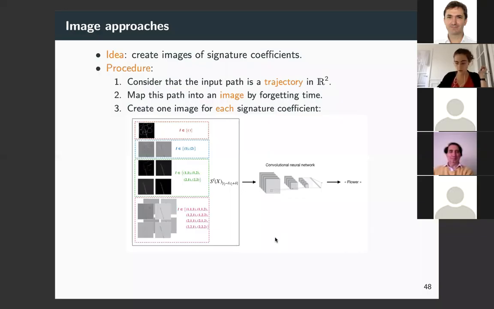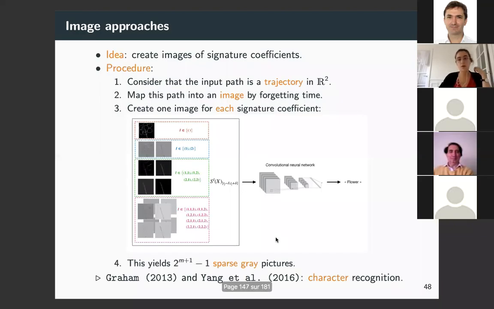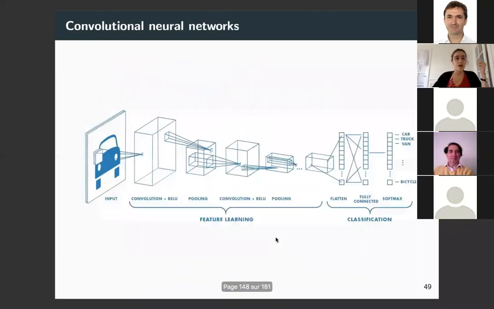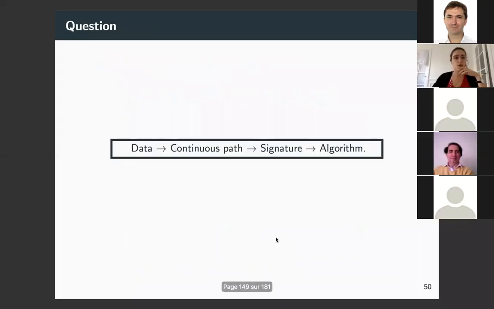This is another approach which has been used quite successfully for Chinese character recognition, for example. I won't go into this. The idea was to give you an overview of what type of things you can do once you have defined a signature and which properties are useful. To sum up, the global idea is that you have your data, you map it into a continuous path, you compute the signature one way or another, and you plug it into an algorithm.